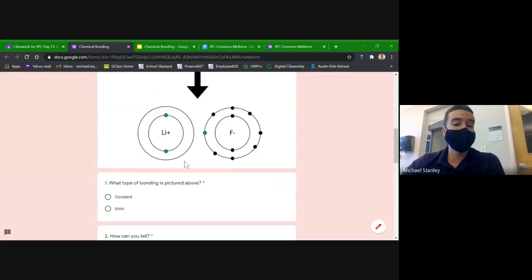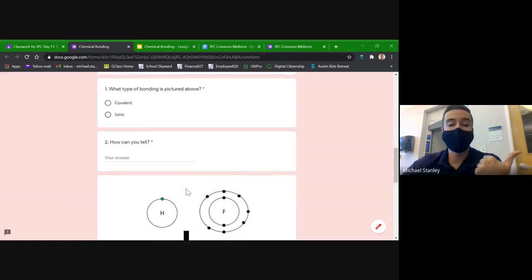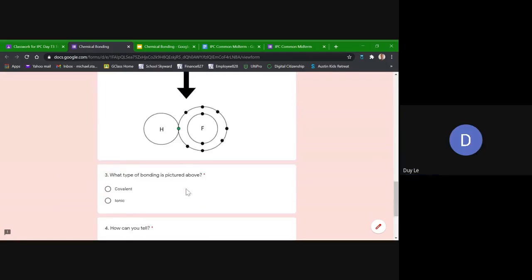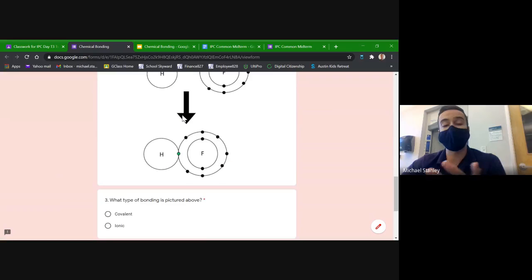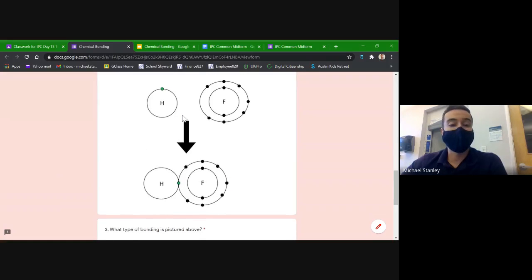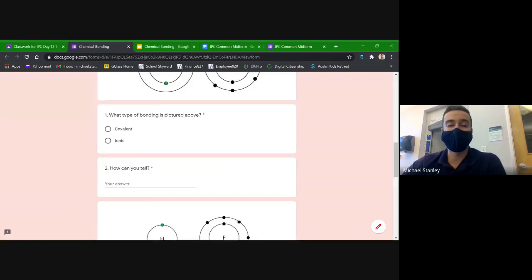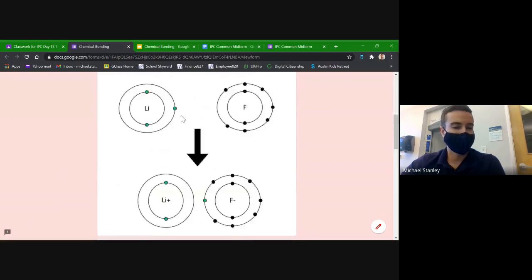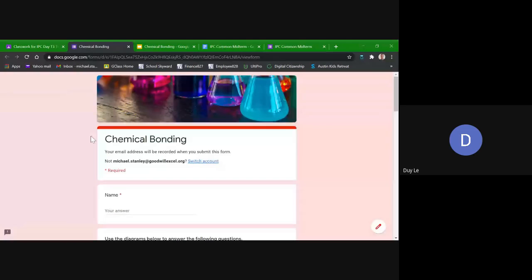And in each picture, I want you to tell me what type of bond is being pictured in this image. And how can you tell? What is it about the picture that tells you that specific type of bond is being formed?